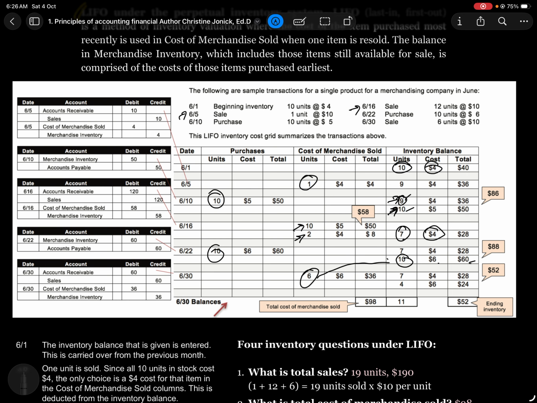6 is the only quantity that we need to sell. So 4 would be remaining over here, and the $7 would not be touched. Items which were purchased earlier would not be touched whenever possible. But if the sale exceeds the latest purchase quantity, we would have to touch the earliest purchase.